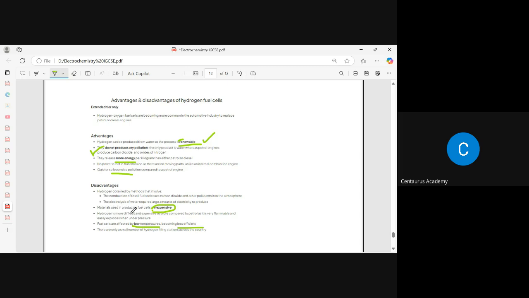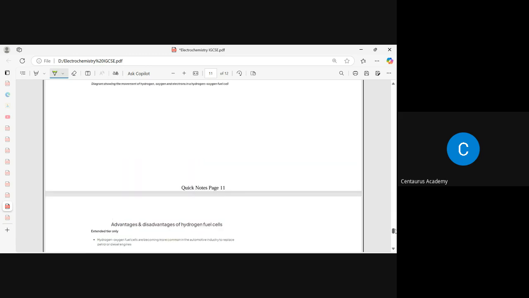Also, the hydrogen used here is very difficult to store, as it is very flammable, right? It also easily explodes when it is stored under greater pressures. So it is necessary that you have good equipment for storing this hydrogen. All right. So these are certain advantages and disadvantages of hydrogen oxygen fuel cell.